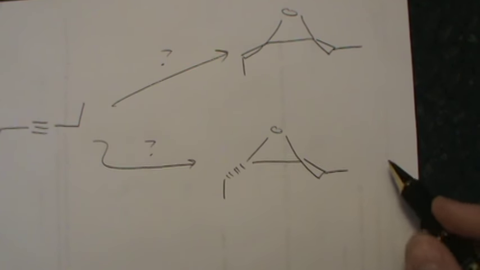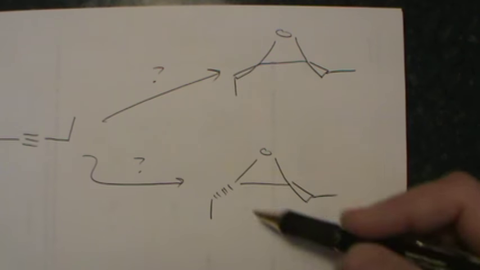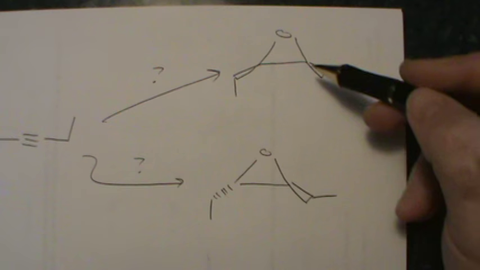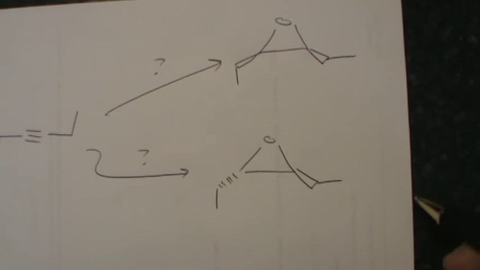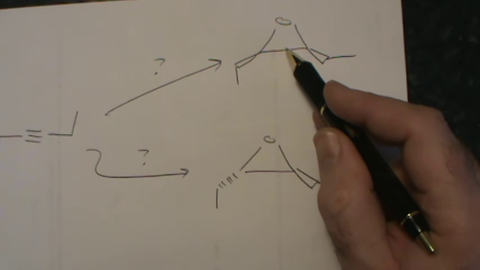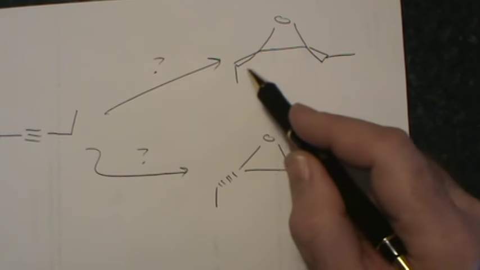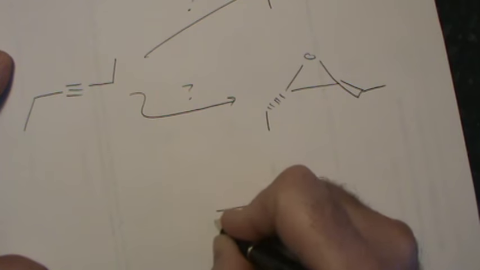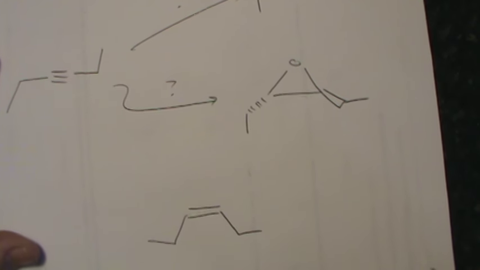Well, I hope you remember that in order to make an oxirane, that's one of the reactions we just talked about, we're going to need an alkene. And if we have an alkene, we can treat it with a peracid and we can make the oxirane. But in order to get this particular oxirane right here with the cis ethyl groups, I'm going to have a cis alkene.